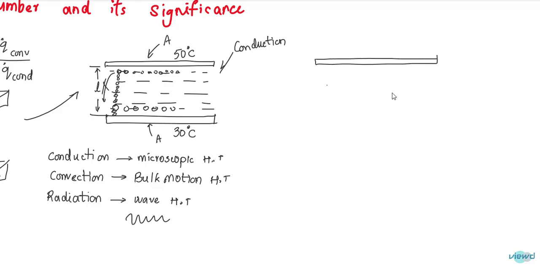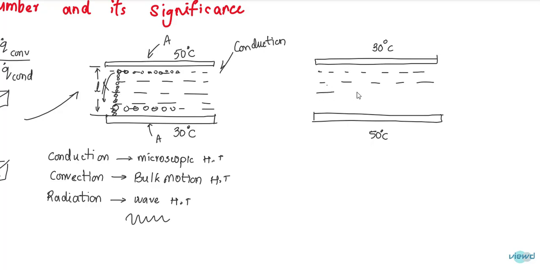I am taking another case. Now here it is 30 degree centigrade and here it is 50 degree centigrade, and the fluid is present between these two plates. Here 50 degree centigrade, that means lower density. So here lower density particles are present.